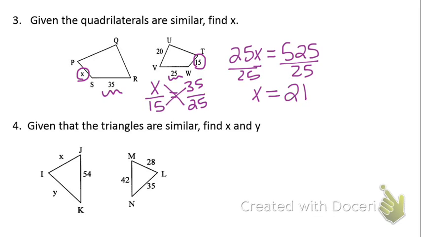Okay, so same thing for number 4. We're given that the triangles are similar and we want to find x and y. So I can see that x matches with the 28. So I can say x over 28. And then the only side we know is 54, and that matches with 42.